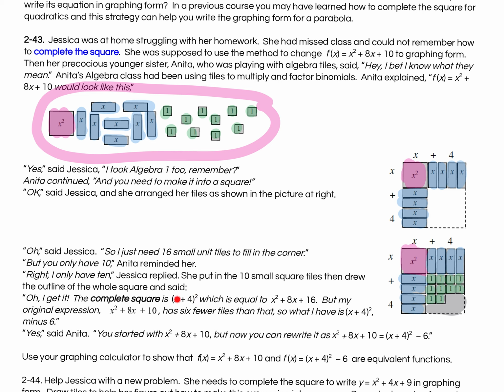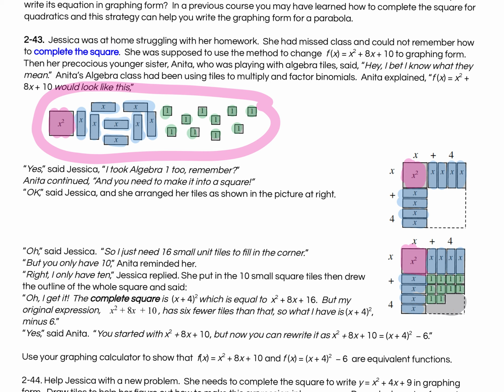Now the problem is I don't actually have enough unit tiles to fill up that square. So this is actually representing more than what I actually have, so I need to show that by subtracting the number of tiles that are missing.